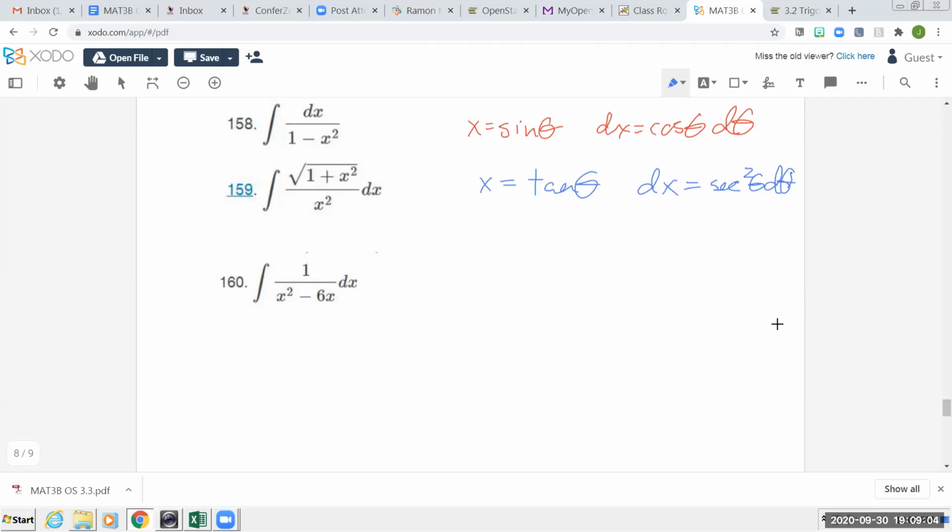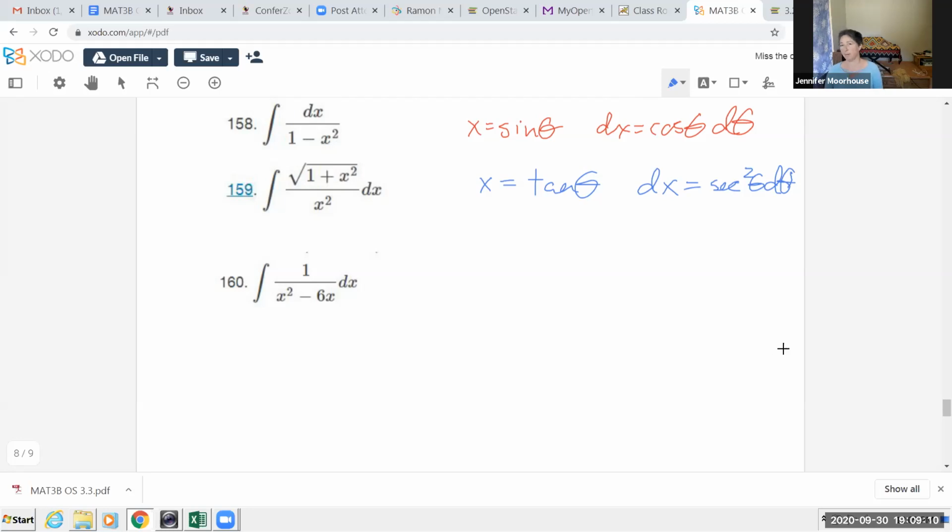So this kind of looks like what we've been talking about, but not quite. With problems like this, at first you might just look at it and say, oh, it's probably a u substitution, but there's no du.